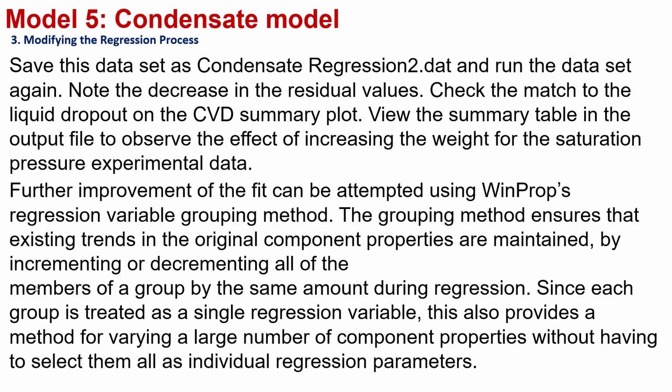Since each group is treated as a single regression variable, it also provides a method for varying a large number of component properties without having to select them as individual regression parameters. So what is the next step for modifying the regression set? We continue with the next slides.